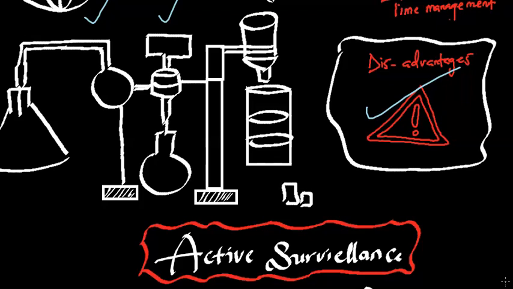Passive surveillance may be subject to reporting bias, where certain populations or regions are overrepresented or underrepresented in the data due to variation in health access, diagnostic practices, or reporting practices. Next disadvantage we have delayed detection and incomplete data.